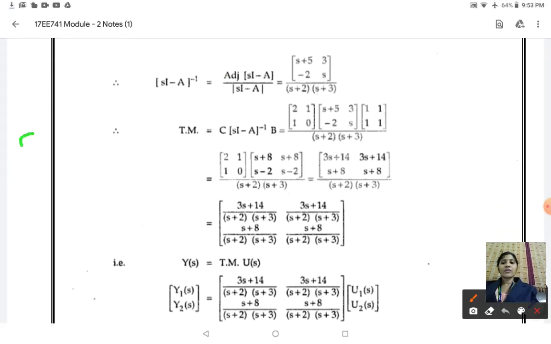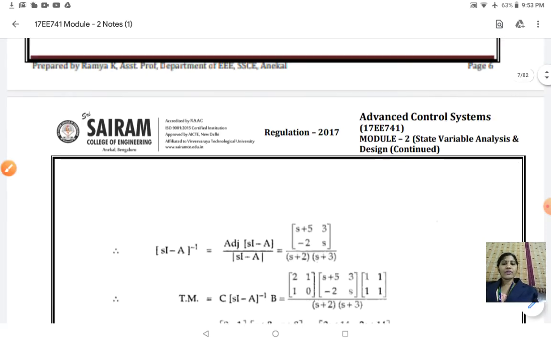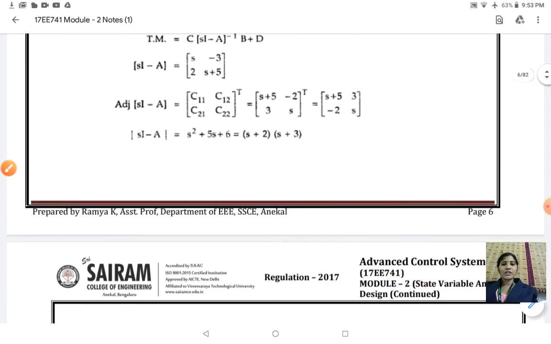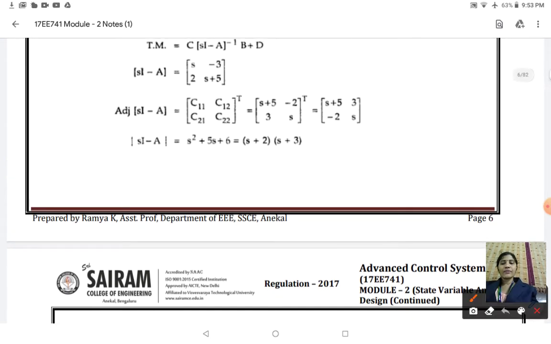How will we obtain the cofactor matrix? We need to obtain C11, C12, C21, C22. To obtain C11 in the sI minus A matrix, we cancel the first row and first column, and you will be getting s plus 5.